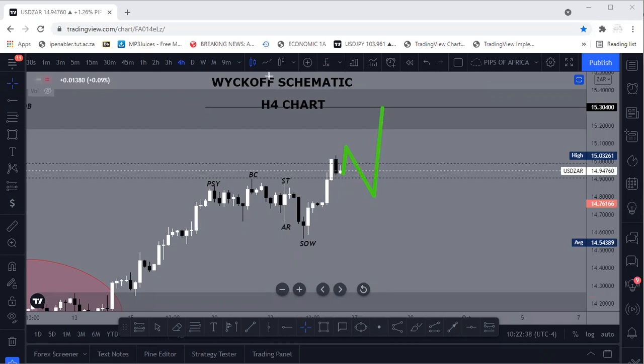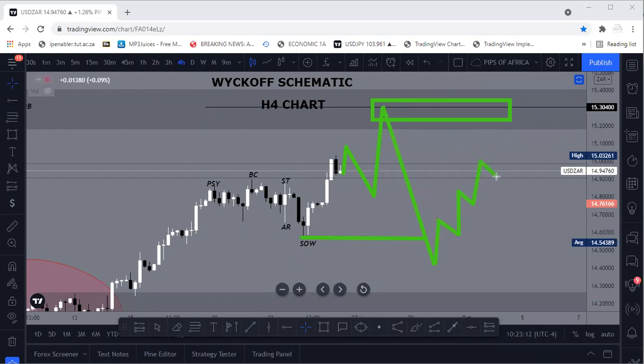Leaving an order block somewhere here, and also move to the upside, like this, creating another sign of weakness. Then the price will go up like this, in this manner.